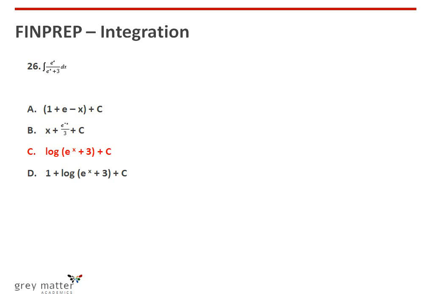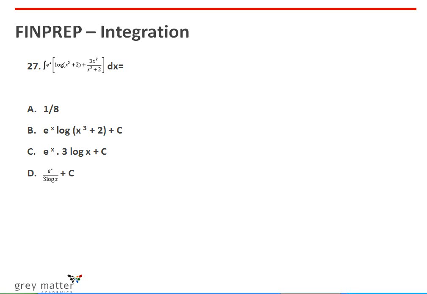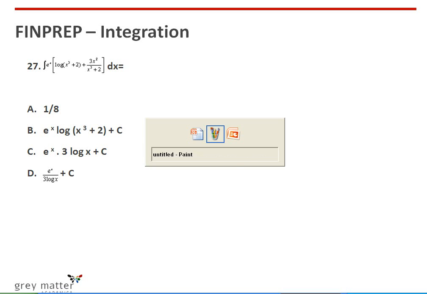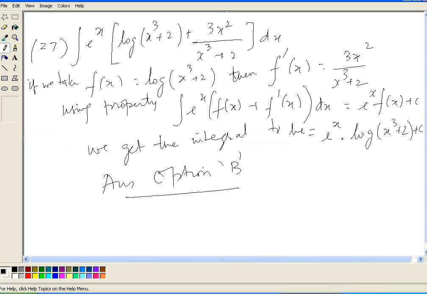27th problem, integral e power x within brackets log of x cube plus 2 plus 3x squared by x cube plus 2 dx. I go to the worksheet. Now if we take f of x equal to log of x cube plus 2, then f dash of x would be 3x squared by x cube plus 2.